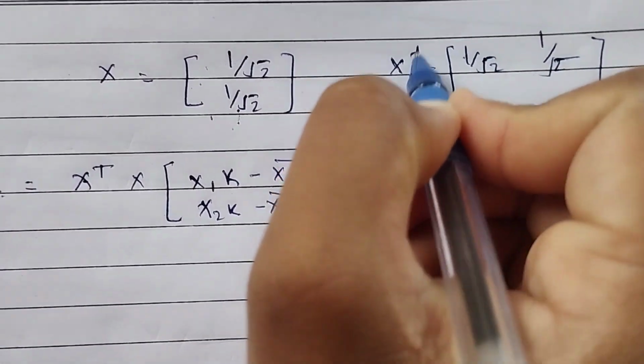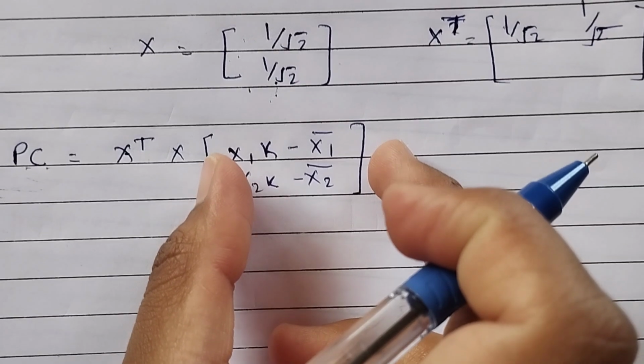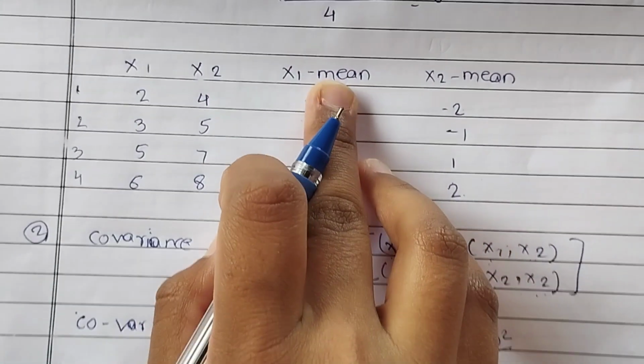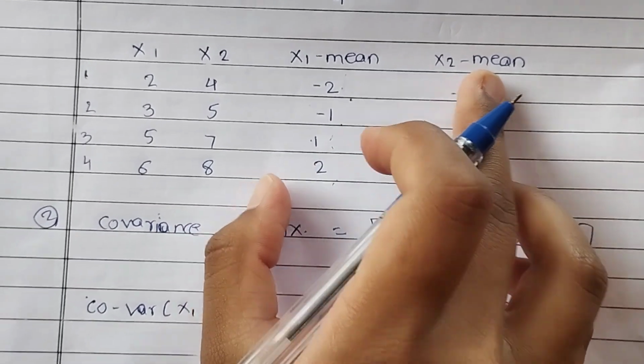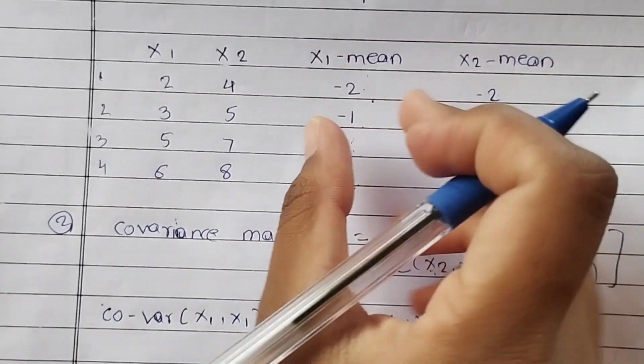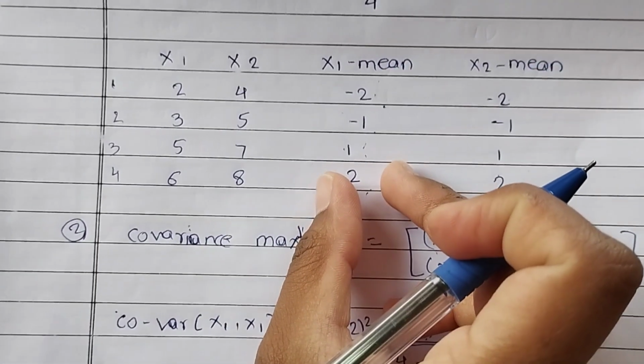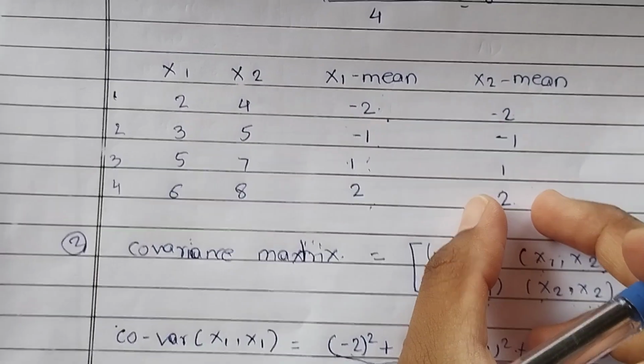So this is our x transpose, and this term xk minus x1 is nothing but x1 minus mean, x2 minus mean. It only changes its symbols, but the meaning is the same. So first we consider the first row, first column, and then the second column.